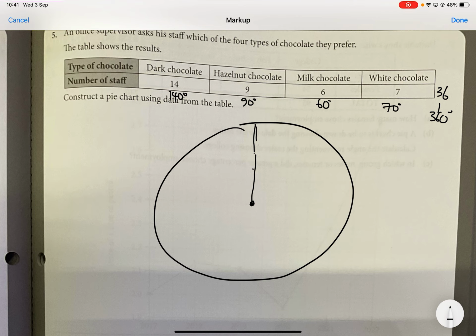Then I will have a 140 degrees angle here. Understand? So with my protractor here, I read 140, I put a dot, after I put the dot, I join my center to the dot and continue to the side. So this one will be 140 degrees.